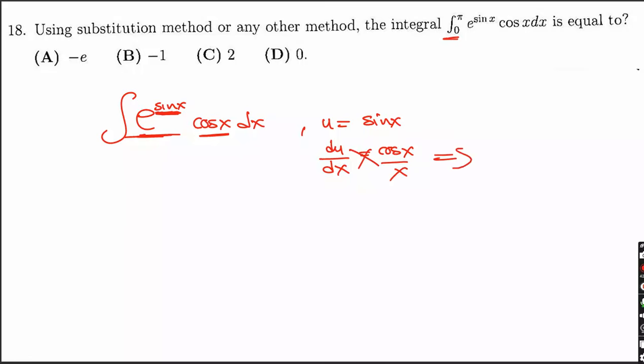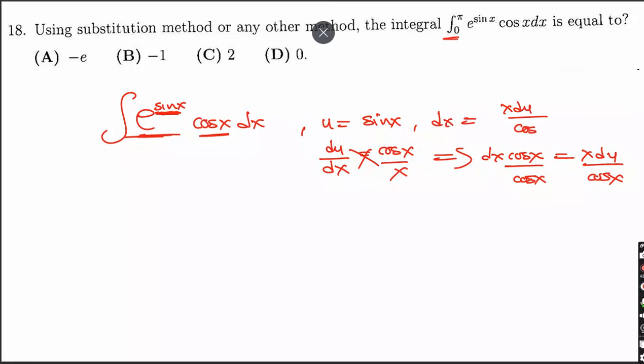You're going to have dx times cosine x equal to du. You can divide by cos x everywhere. So our dx is going to be equal to du over cosine x.